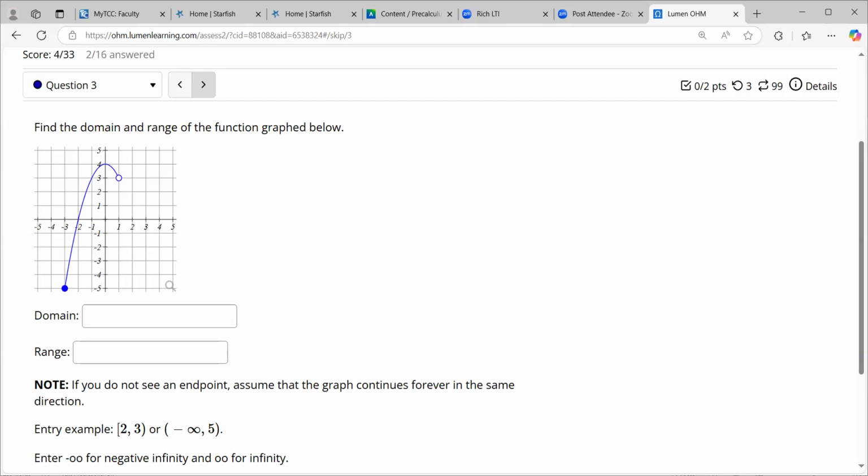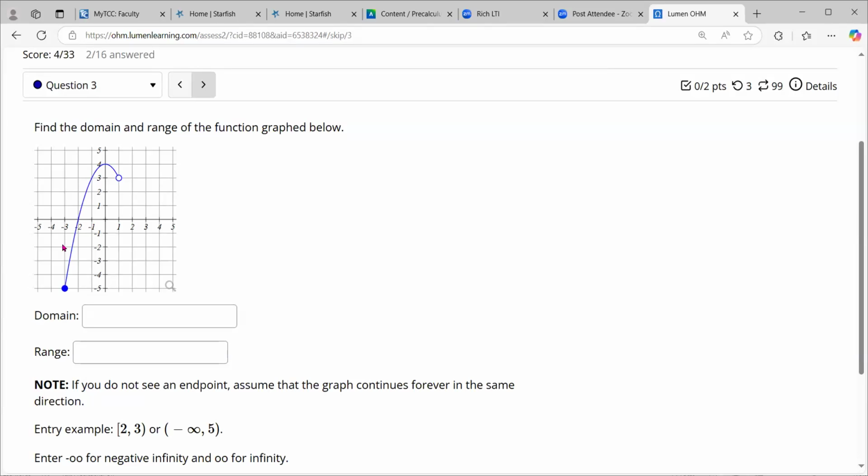Does the graph or curve continue forever to negative infinity, or does it stop somewhere? Yeah, it stops somewhere, right? Very obvious because here we have a dot. It stops at what? At 95 or 93.